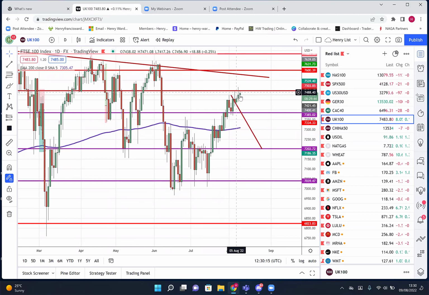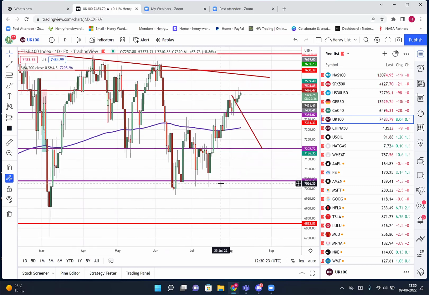UK 100, we wanted to come back into sort of this level. And if it comes back into that level, then I'm sort of looking to trade it. But at the minute, I wouldn't be looking to short that. It looks like it's the stronger of the indices at the minute, the ones that we're looking at. So it's not something I'm massively looking to trade.